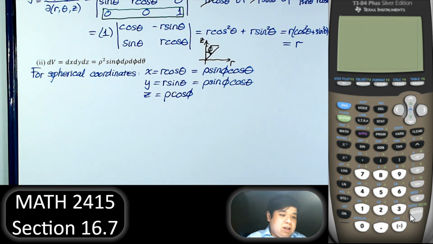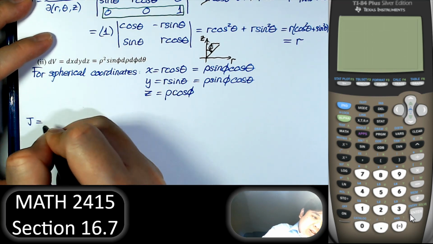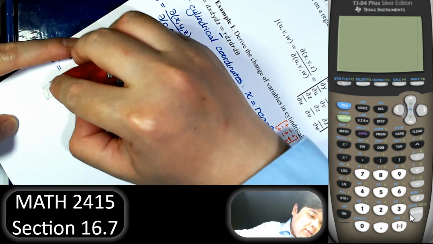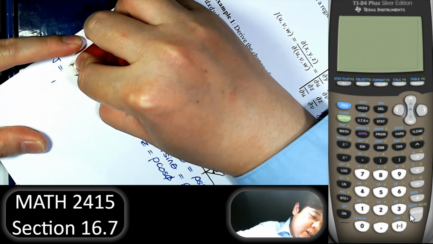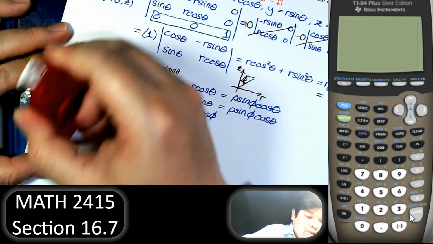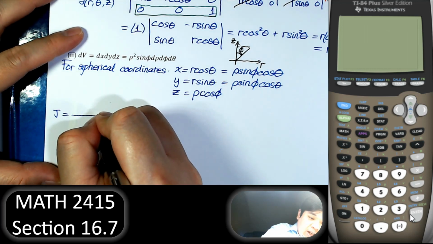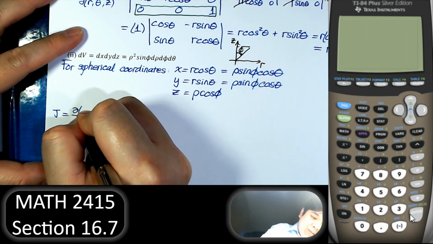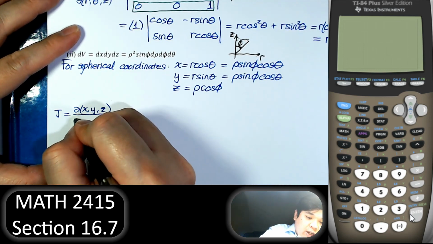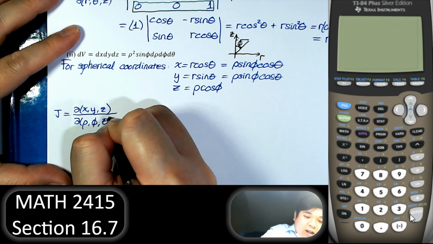Right, now let's put in the Jacobian. We have to write very small here because we might not have enough space. The 3 by 3 determinant could be complicated. x, y, z, and the variables here will be rho, phi, and theta.